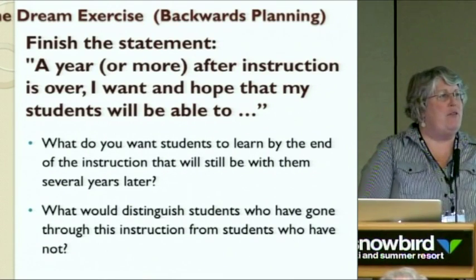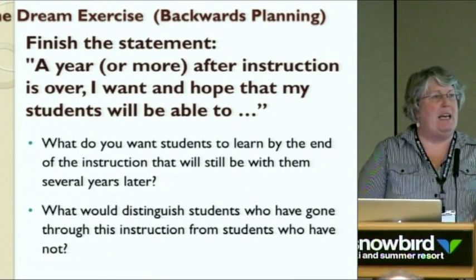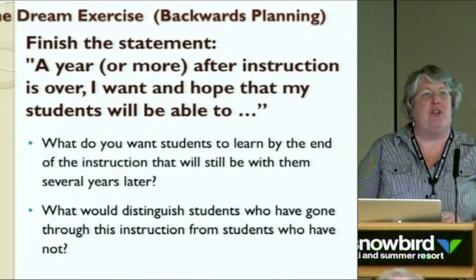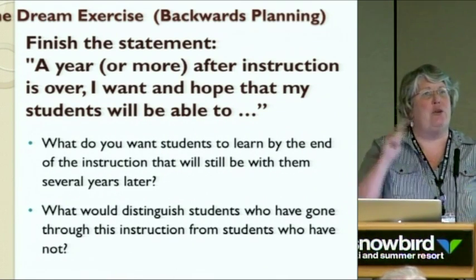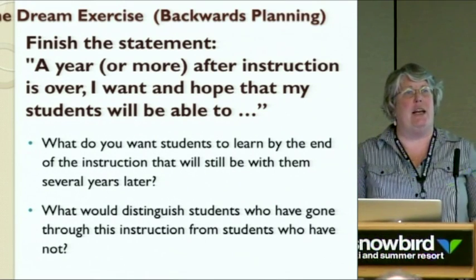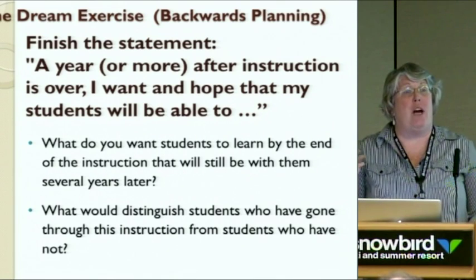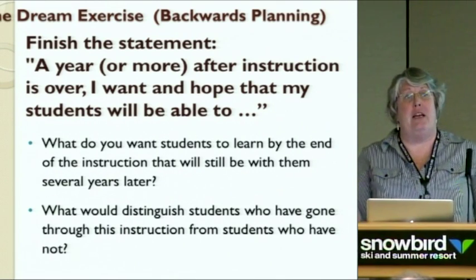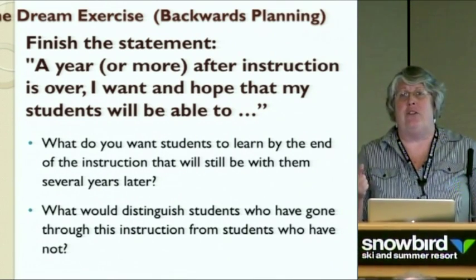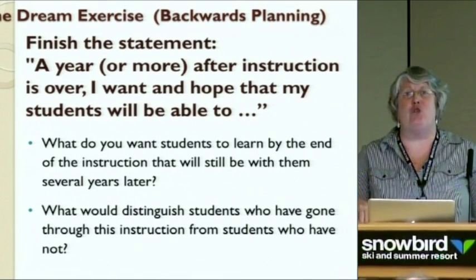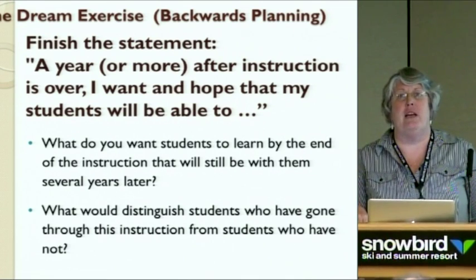The first thing we're going to do, I'm going to ask you to take 1 minute. This is going to be really short. The first step of backwards design is to go to the end of your course and decide what you want your students to be able to do, to know, and what kind of dispositions you want them to have. So think about a course that you're either designing or teaching, and what is your dream for that course?